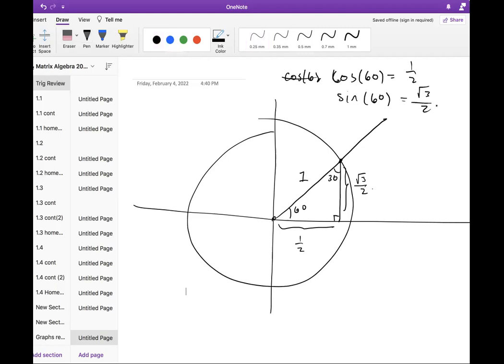Does that make sense? And again, if you want that in radian form, cosine of pi/3 is 1/2, and sine of pi/3 is radical 3 over 2. Okay, is that clear?